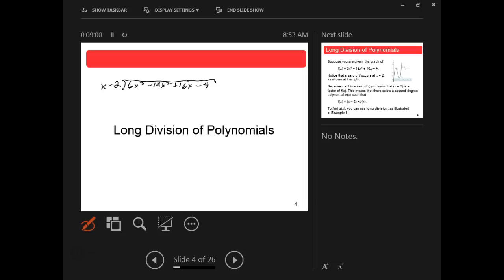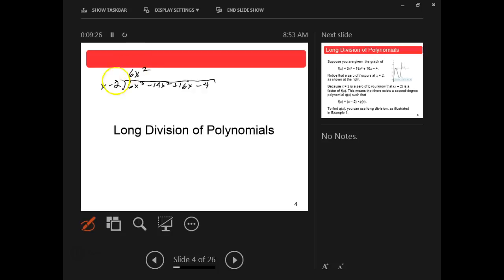Where do we begin? We start from the left and do x into 6x cubed. We divide. How many times will x go into 6x cubed? 6x squared times. And then what do we do next?